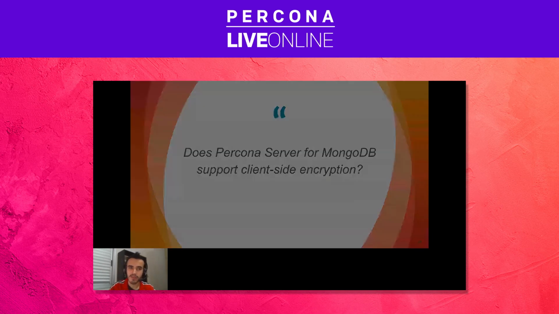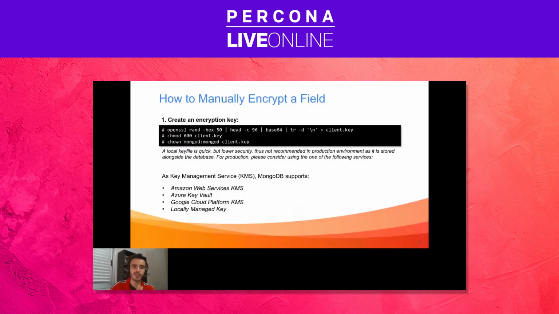For that, we have an example of how to manually encrypt a field, using the Percona binary in this presentation. First, to manually encrypt, you need to create an encryption key. In this example, we are using a key file.